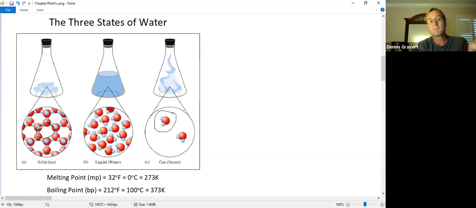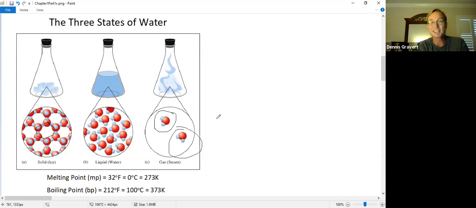You warm them up, they have more heat energy, more motion, and enough motion to unstick from their neighbors, to get out of this perfect arrangement and into a less perfect arrangement where they're still sticking to each other, but they're moving, bouncing, scrolling around as a liquid. And if you keep heating them up, they tend to just bounce off each other and eventually unstick completely as single molecules.